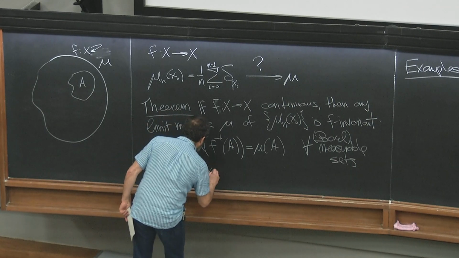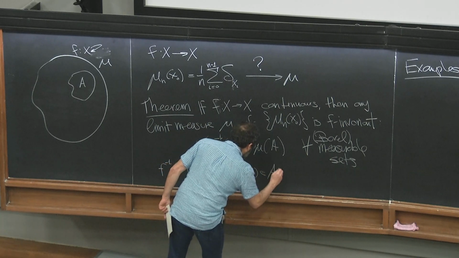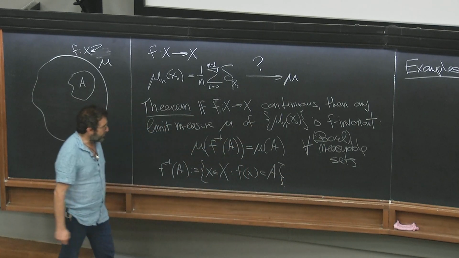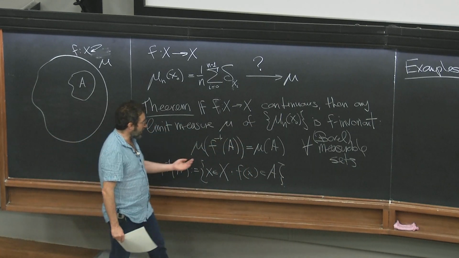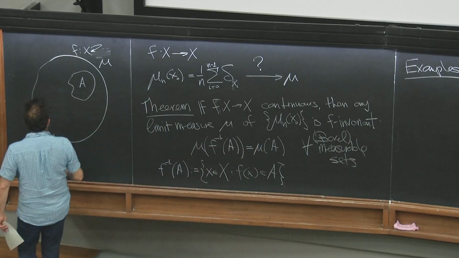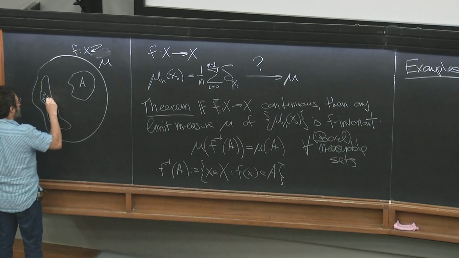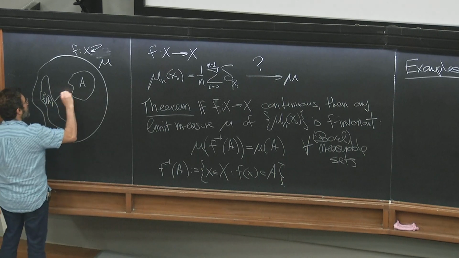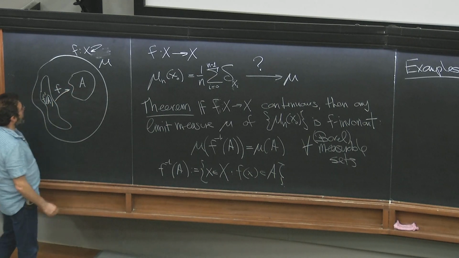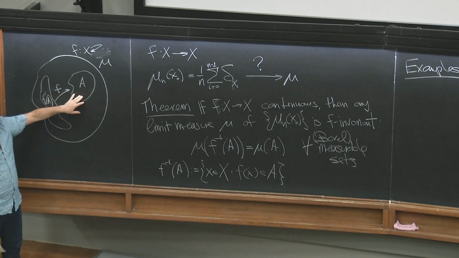This is the set of points x in X such that f of x belongs to A. So the map might not be invertible, but certainly A has some pre-images, some points that map to A. f minus 1 of A is some set. Under f, all these points map to A. And this condition says that the measure of the pre-images should be equal to the measure of A.